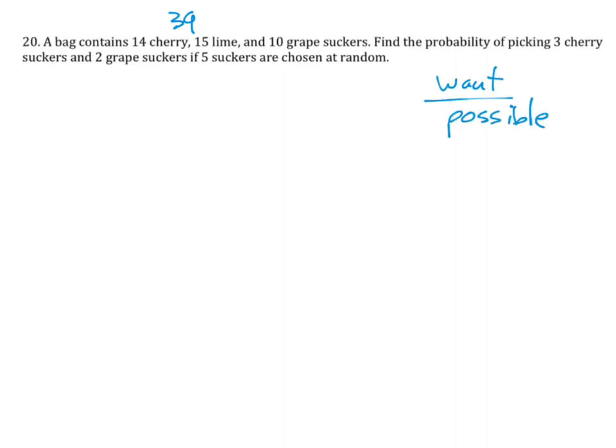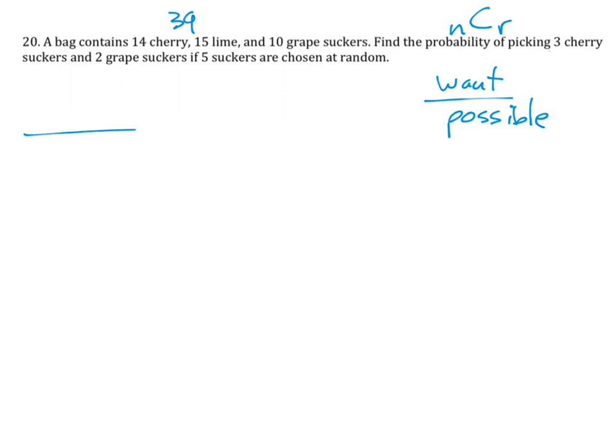This one doesn't say that it needs to be 3 cherry and then 2 grape, so order does not matter. And so this is going to be a combination, not a permutation. Remember, you always need to figure out if it's combination or permutation.